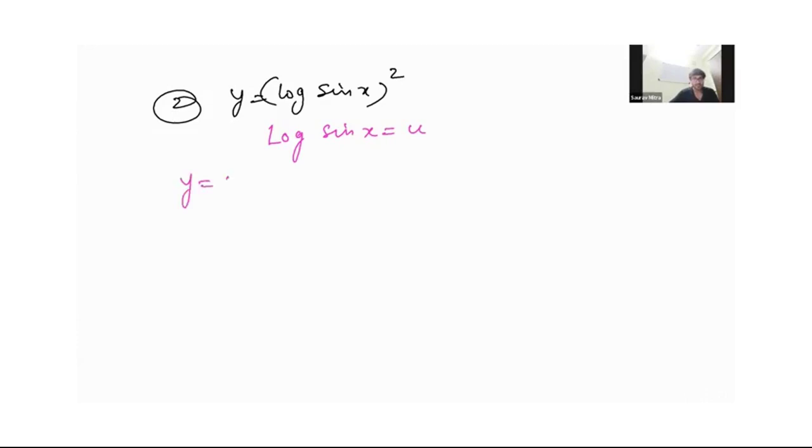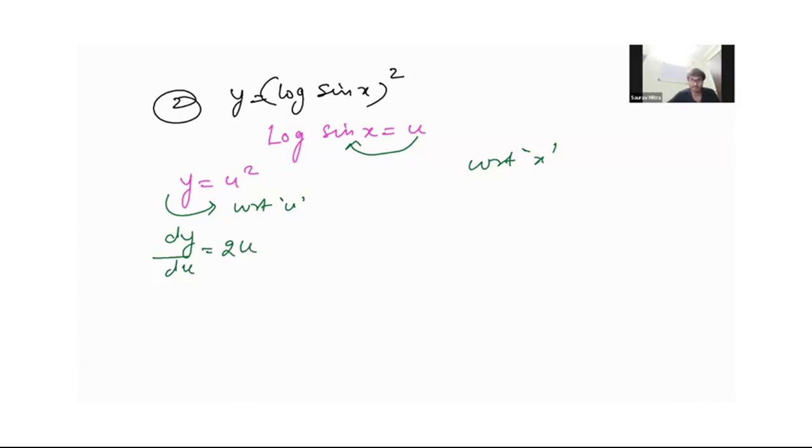Our main function will look like this. Then we will do the differentiation of y with respect to u, and u with respect to x. Now what is dy by du? It will be 2u.